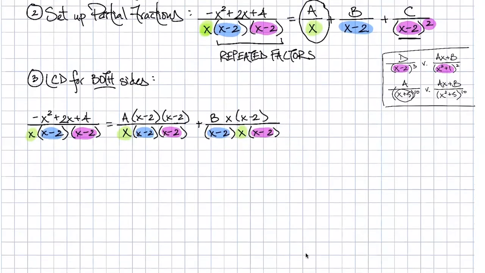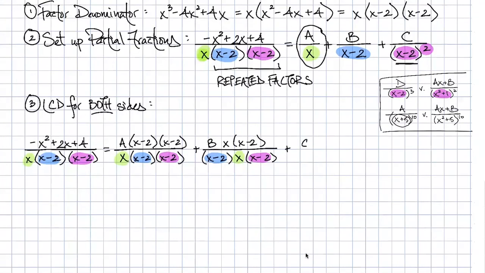Then the last fraction has x minus 2, but it actually has both the blue and the purple one already.